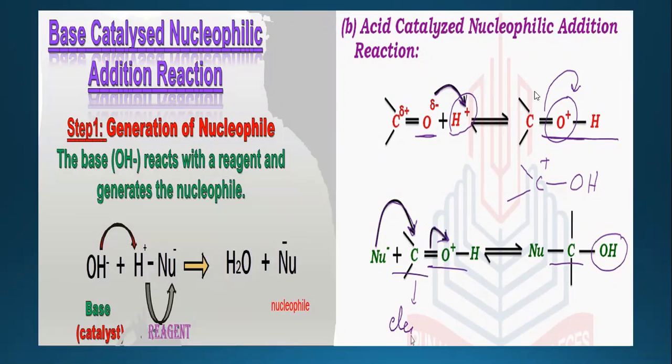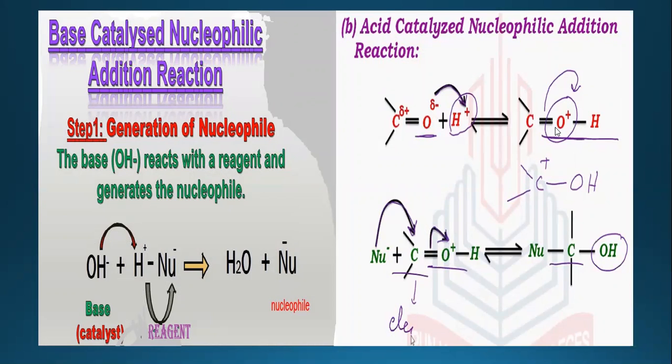But in an acid catalyzed addition reaction, the carbonyl group takes a proton from the acid. You can define acids as those species which provide H positive ions. In the acid catalyzed nucleophilic addition reaction of the carbonyl group, the acid provides its proton, and this proton bonds with the electronegative oxygen center.